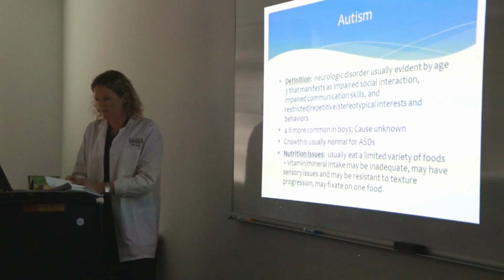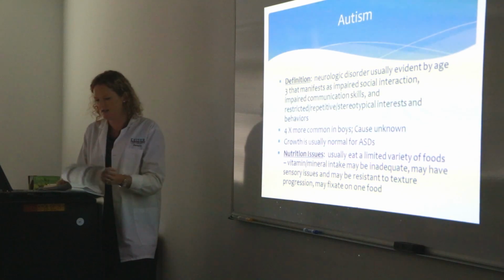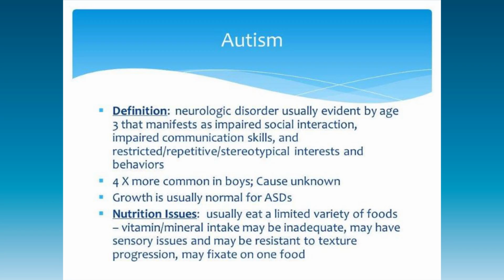Okay, autism. So the autism spectrum disorders, or ASD. These are defined as neurologic disorders that usually appear by the age of 3. And they're diagnosed by seeing an impaired social interaction in the child, impaired communication skills, and then they're also going to have restricted, repetitive, and stereotypical interests and behaviors.